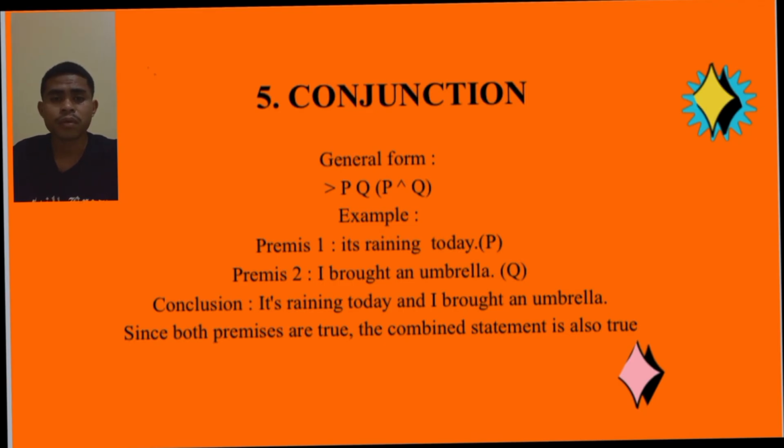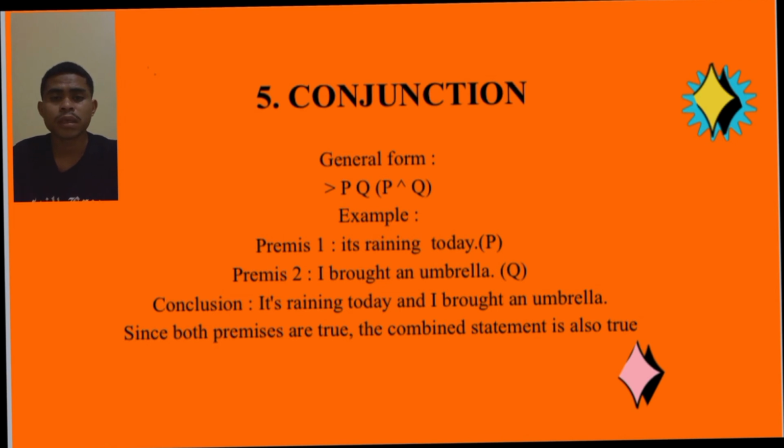Slide 2. General form of a conjunction. The general form of a conjunction looks like this: P and Q. 1. P is the first statement. 2.